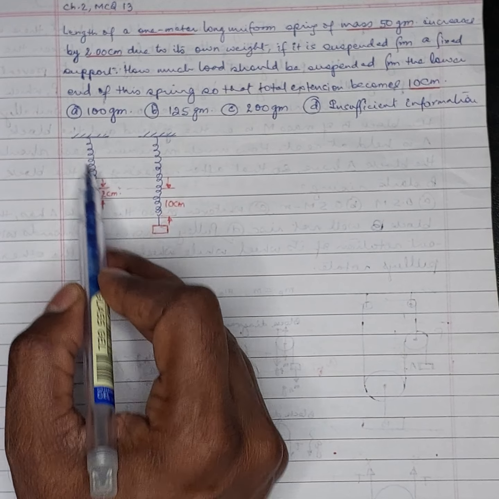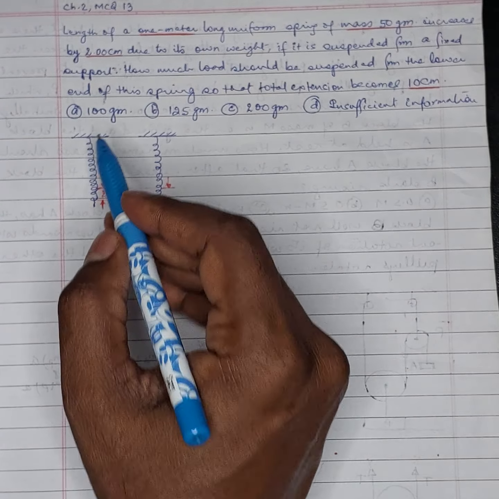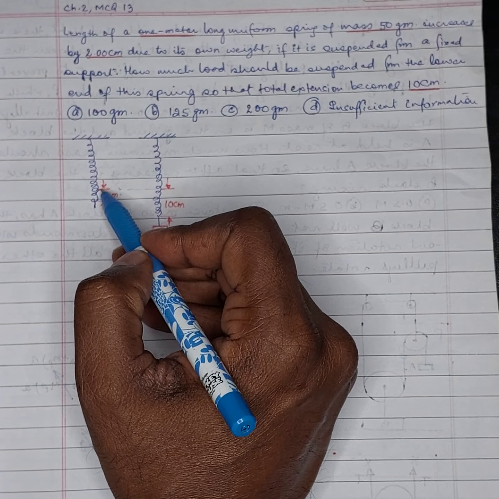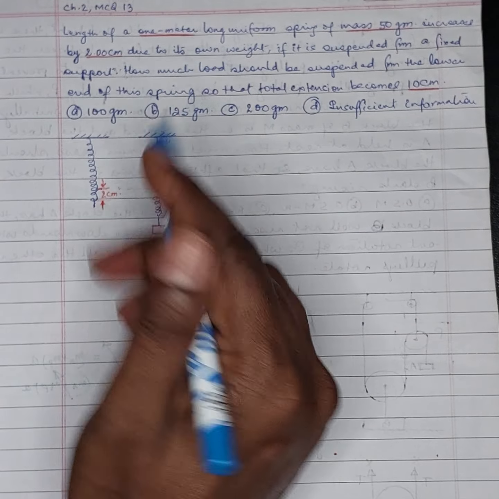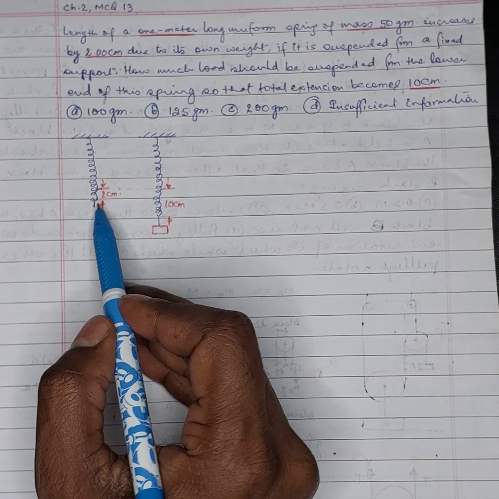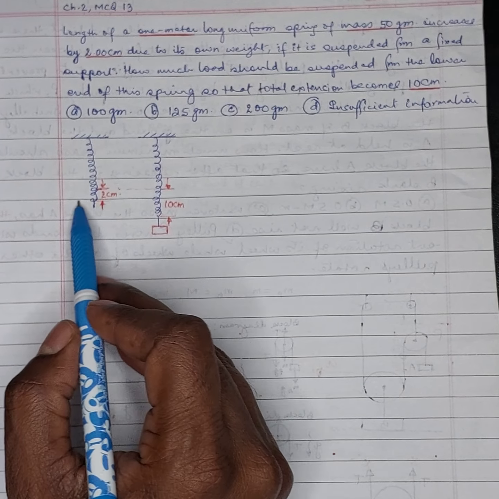So original length, suppose it was from here to here. But now since we have hung it from the ceiling, it has stretched, and this stretch is 2 centimeter from here to here.